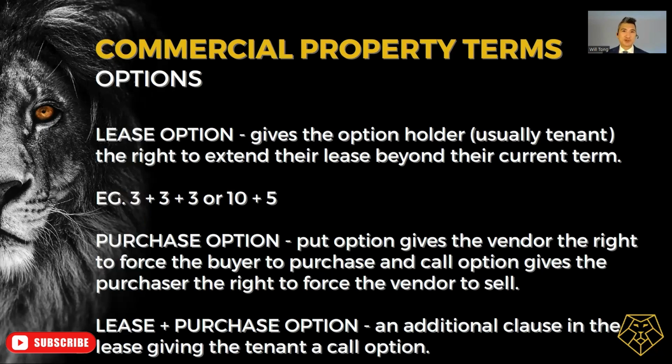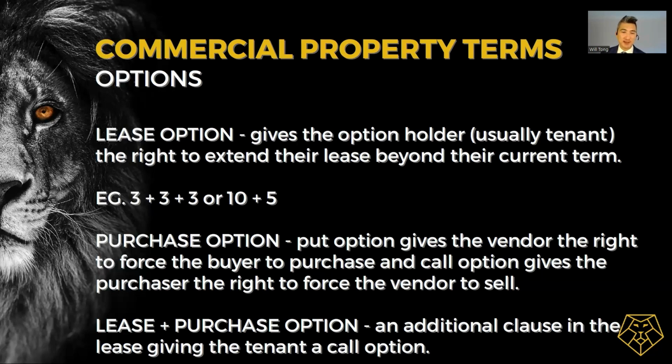The lease option gives the option holder, which is the tenant, the right to extend their lease. It doesn't give the landlord the right to force the tenant to renew the lease. So it's a little bit misleading if an agent tells you that a 3+3+3 lease is a 9-year lease, because it's not.